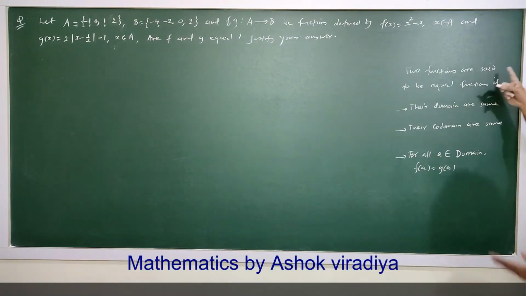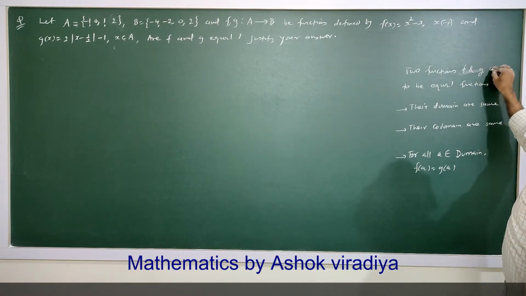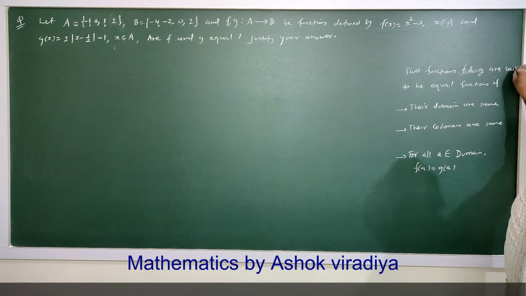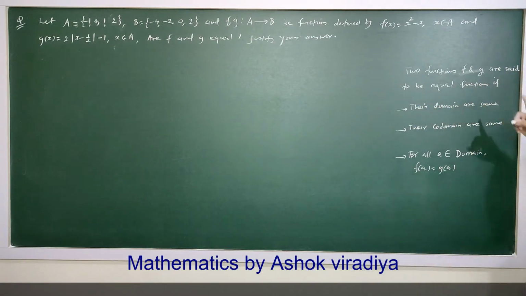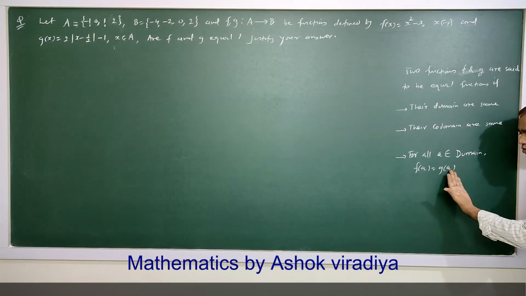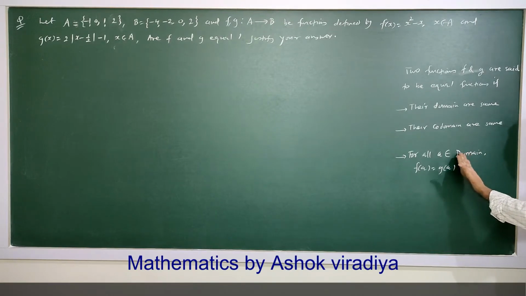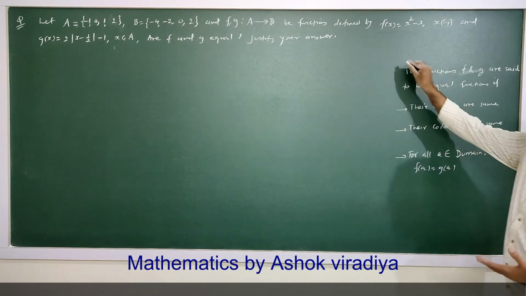Two functions f and g are said to be equal if their domains are the same, their codomains are the same, and f of a equals g of a for every element of the domain. So let me check this condition.